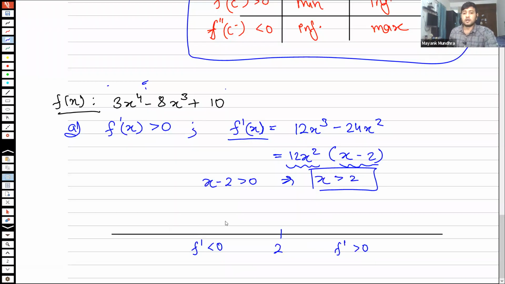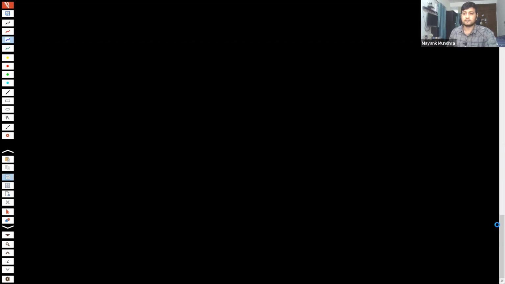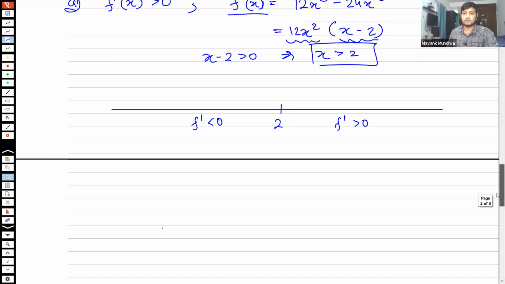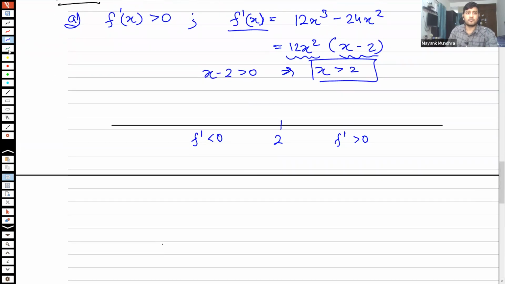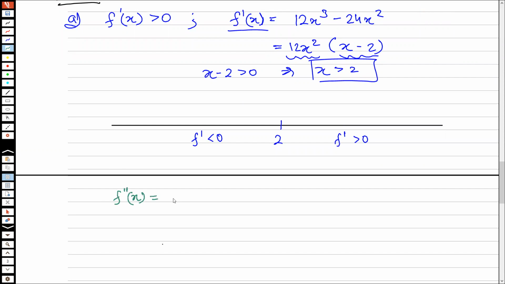For that, I need f double prime. So Vinay, what's the f double prime of this function? So 36x square minus 48x.